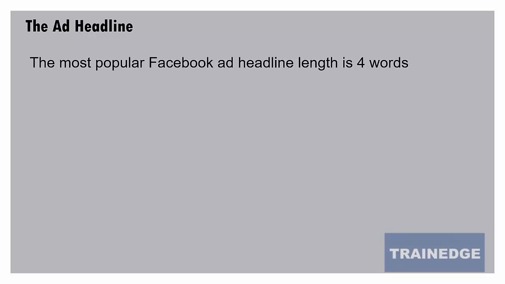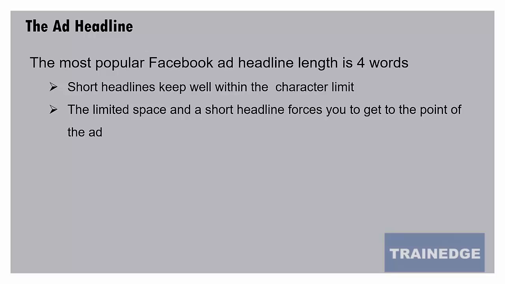Let us look at the different sections in the ad a little deeper. The ad headline, although it can be very long, the popular Facebook ads usually are 4 to 5 words long, because the short headlines stay within the character limit, and they also make sure that the headline can be seen properly even on smaller devices.